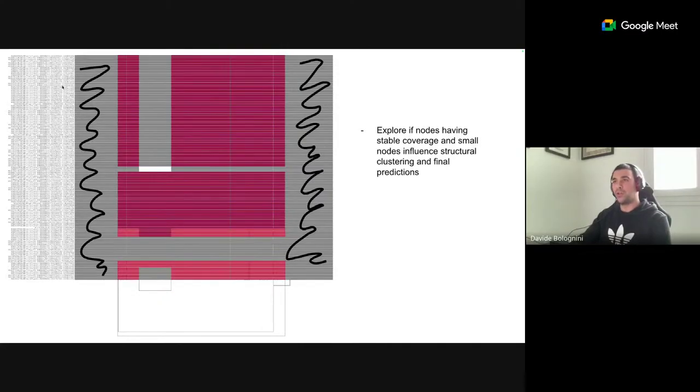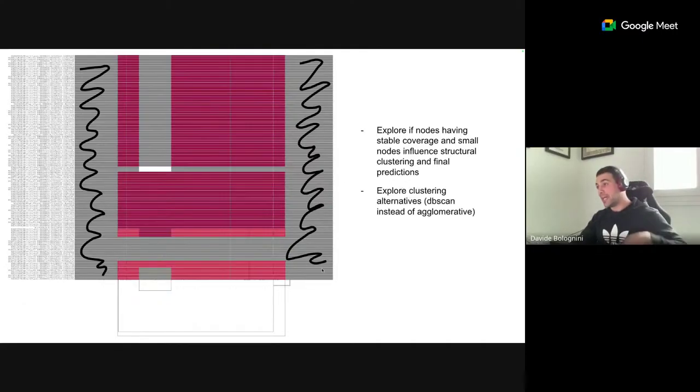One thing we want to do is explore if removing nodes that have stable coverage across all the paths helps improve the genotyping itself and the clustering, because of course the nodes that have stable coverage across all the paths do not contribute to variation, and therefore should not have a big weight when clustering, right?